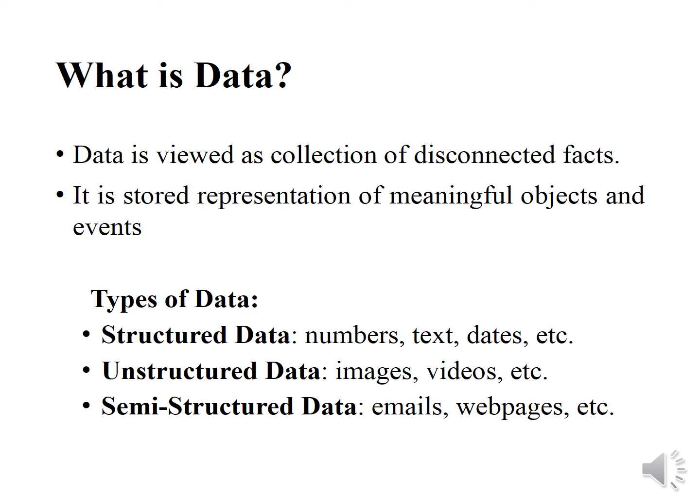Examples have been given. Structured data is numbers, text, dates, etc. Images, video, etc. come under unstructured data. And email, web pages, etc. come under the category of semi-structured data, which is a combination of structured and unstructured data.